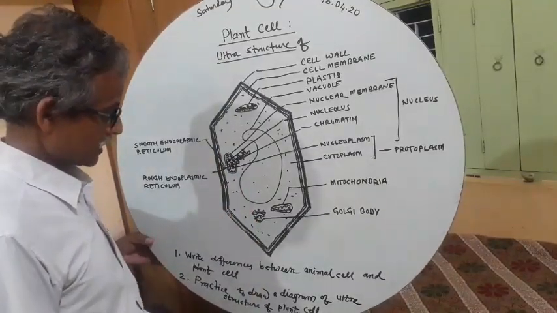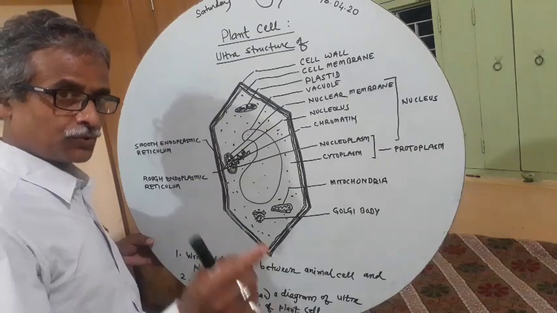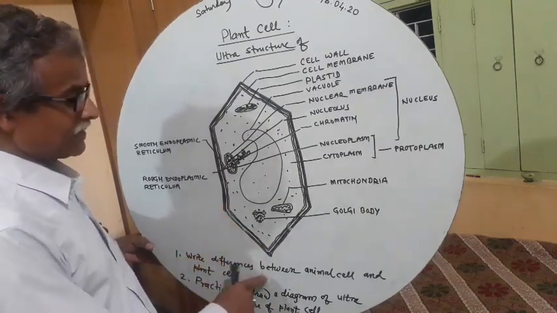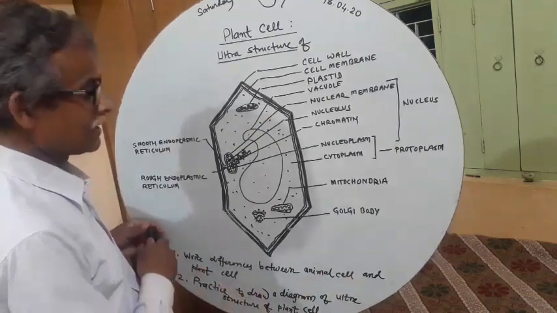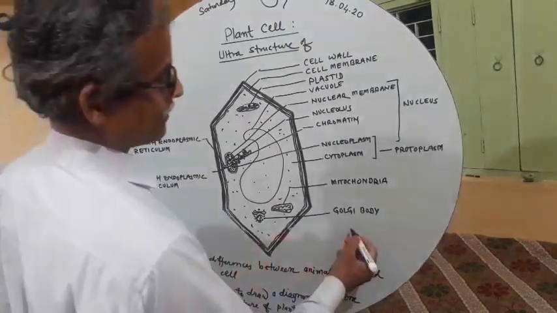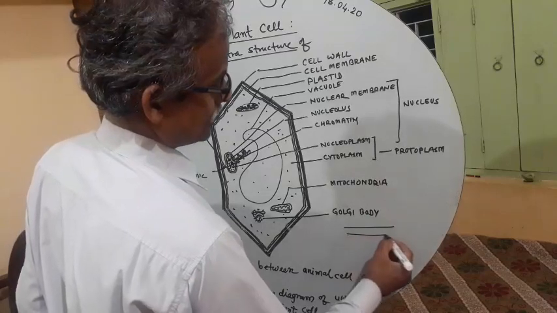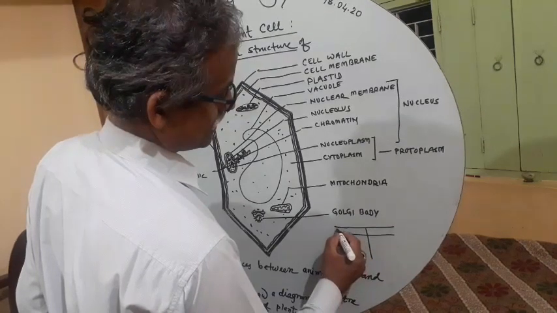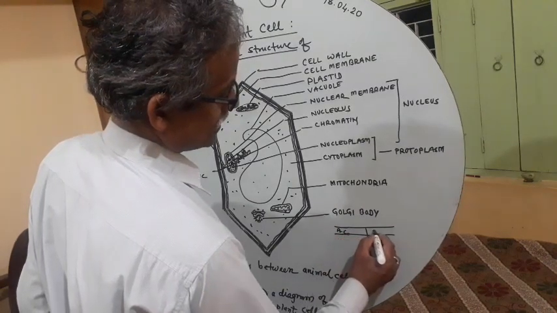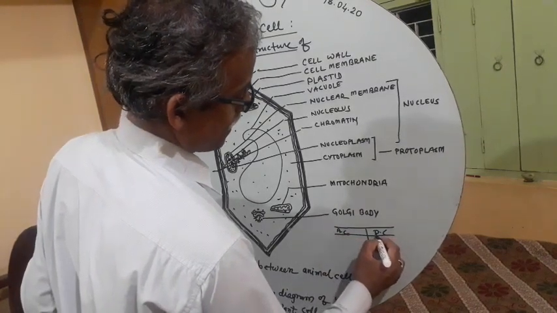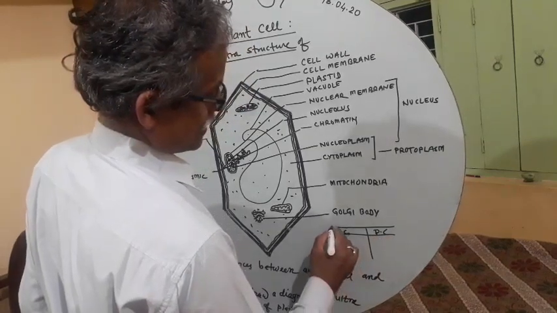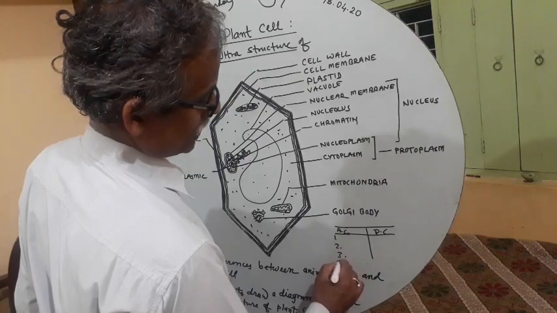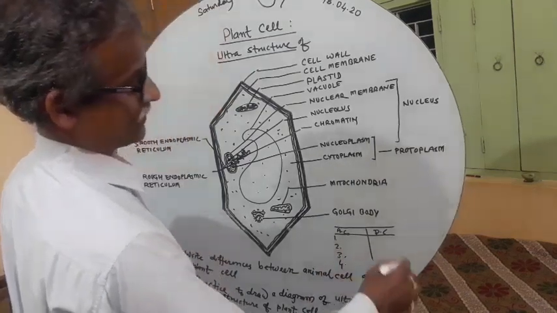So now you will write down the differences between animal cell and plant cell, and for that you can make a table, that is, here animal cell, near plant cell, and you will write such differences.